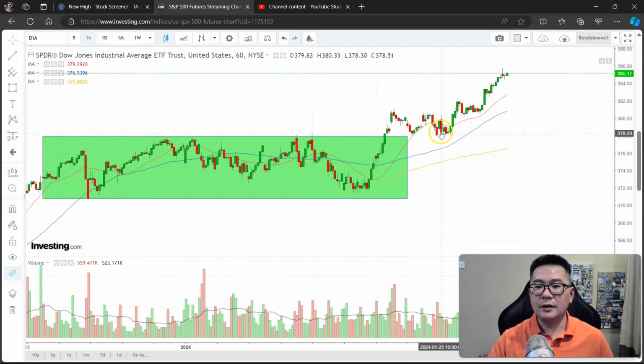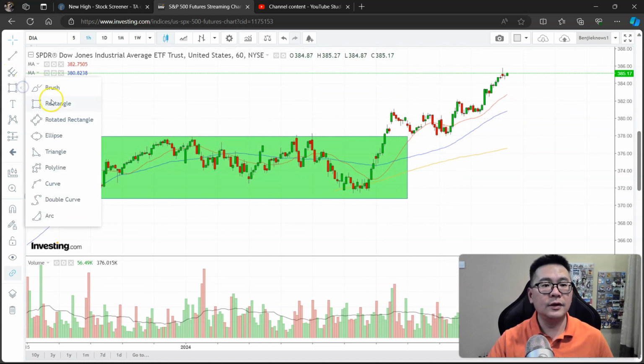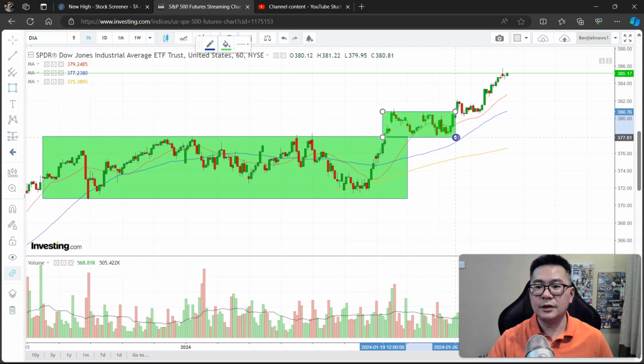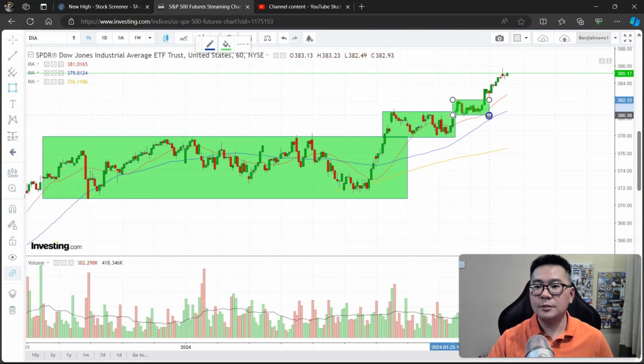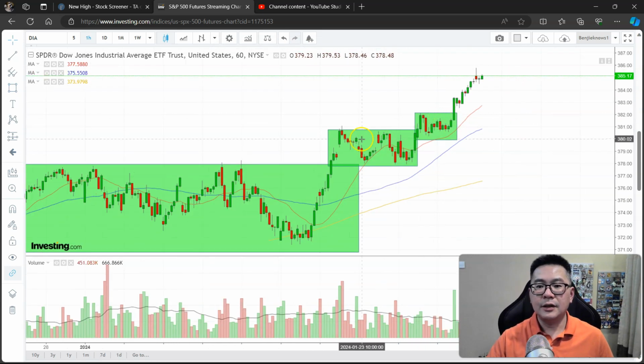On the 60-minute chart, it broke out, right? Then it formed something like a box and broke out of it. Let's draw it for you to see. It consolidated a bit and also broke out again. So at this moment it's still rising. Nearest support here, nearest support here.